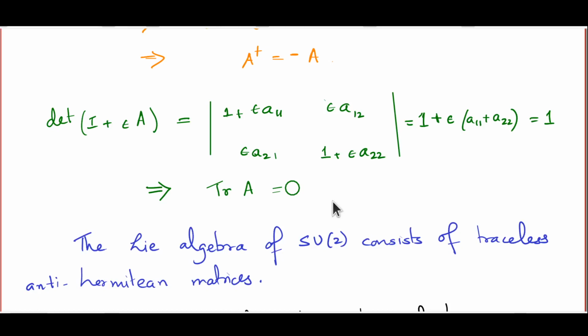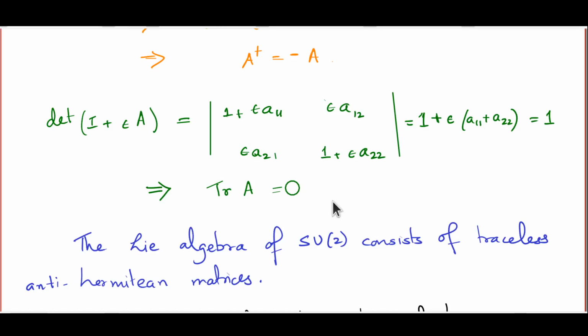If I write down the determinant of identity plus epsilon A as the matrix with entries 1 plus epsilon a11, epsilon a12, epsilon a21, and 1 plus epsilon a22, you just take the determinant of that, and when you calculate this up to linear order in epsilon, it is easy to see that you get that just from the product of the two diagonal elements.